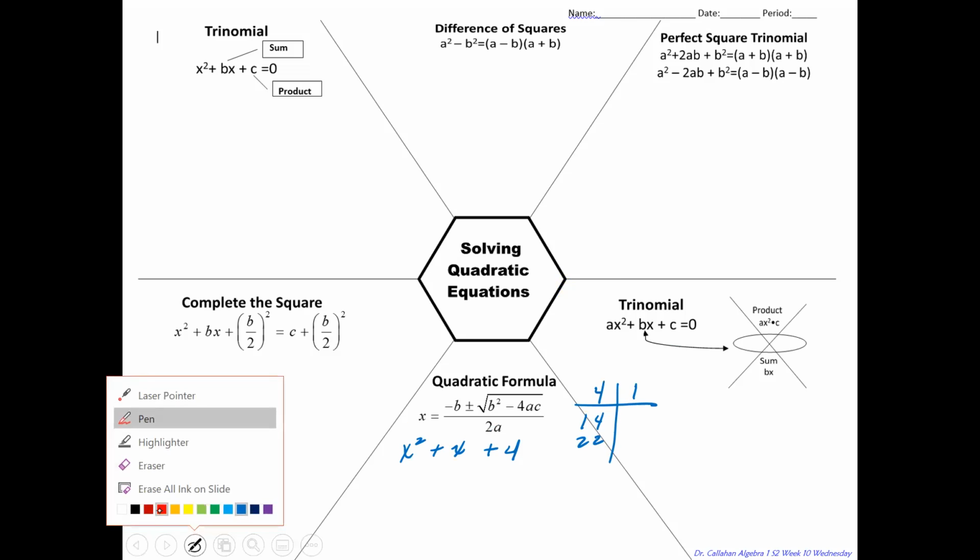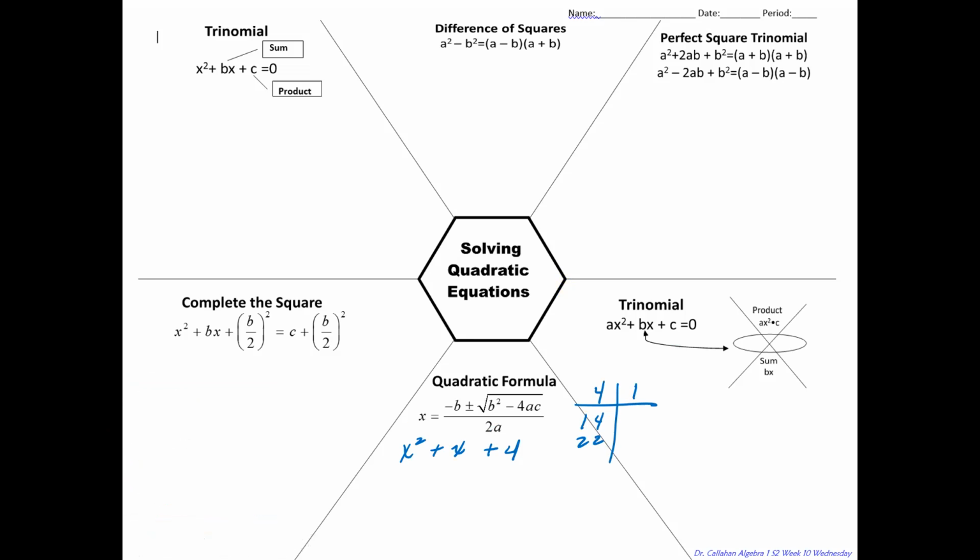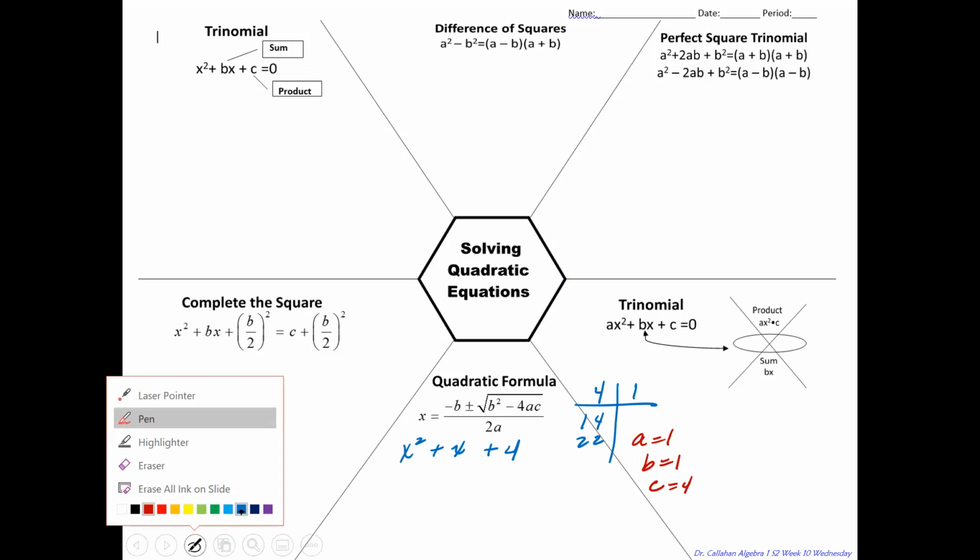So in which case, you know this is going to be in a decimal, I'm going to have to use the quadratic formula. So with the quadratic formula, remember you're going to have a equals 1, b equals 1, c equals 4. So let's plug this in.